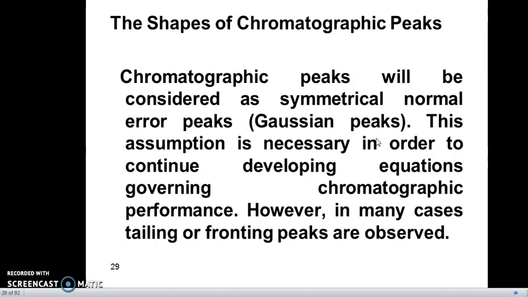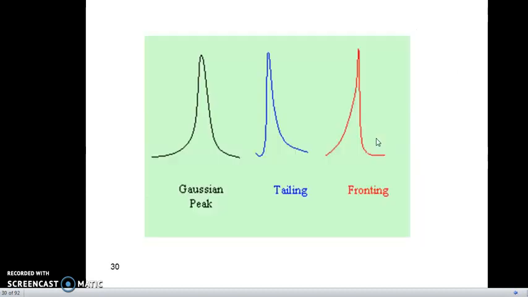In this way, there are certain observations on the peak, that is a tailing factor and a fronting factor, which are necessary. So we will see what a tailing factor is. Gaussian peaks are the peaks of a very good shape, having a very good height and less broadness.